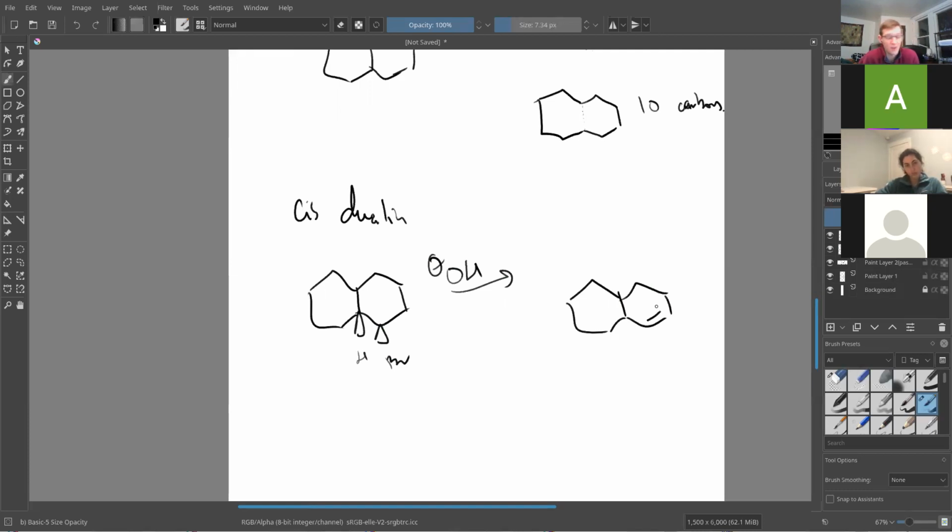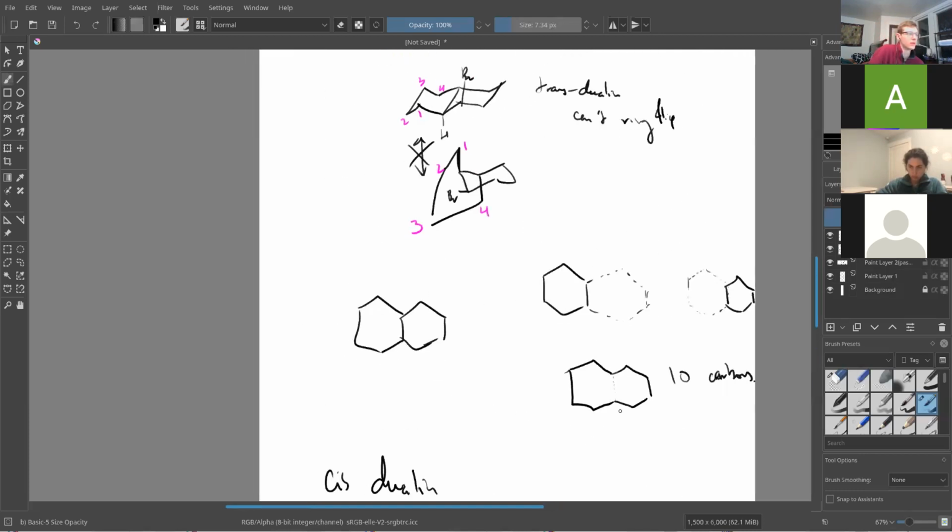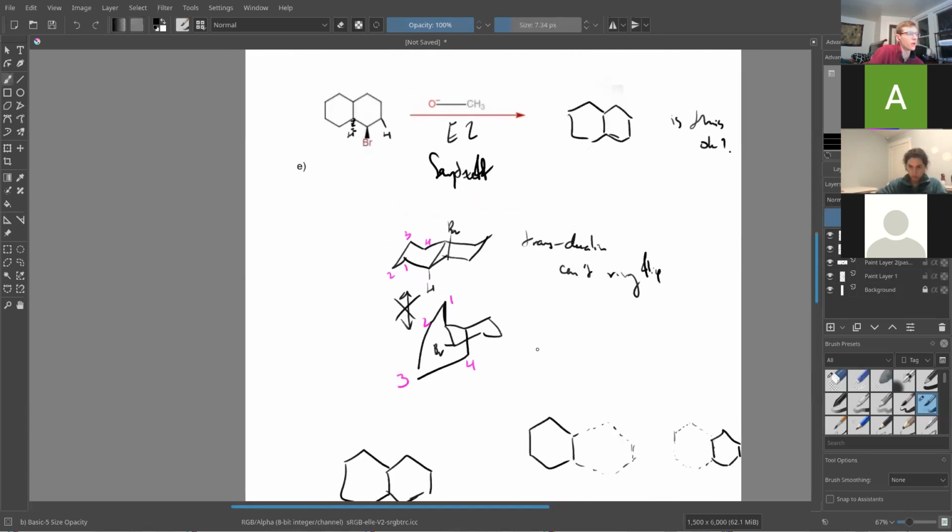Because you can't do E2 on that other hydrogen. It's just not an option. But for trans, we get both, and there's really no major product, right? With trans, we would get this one preferably because it's more substituted.